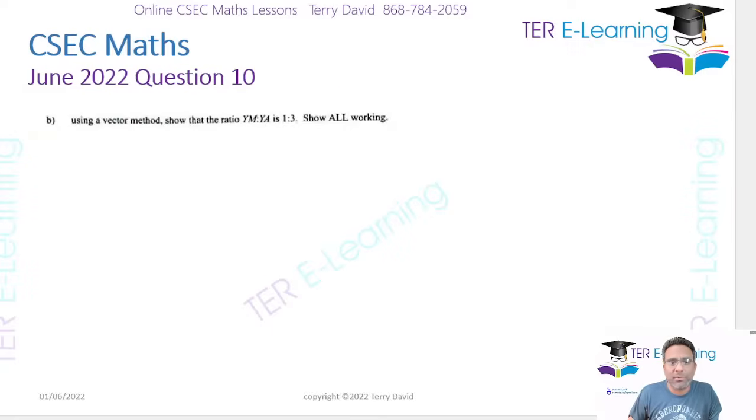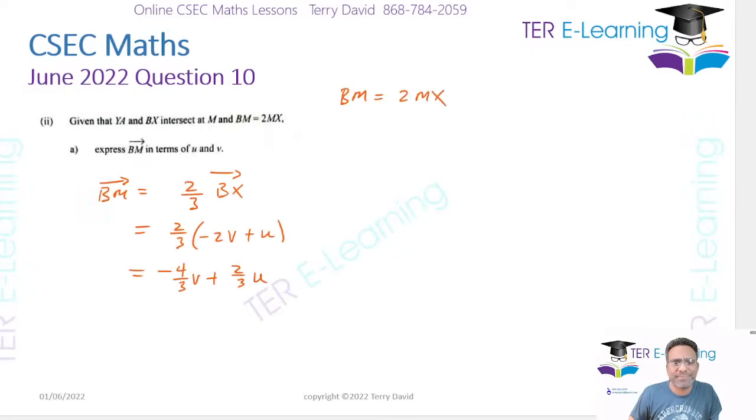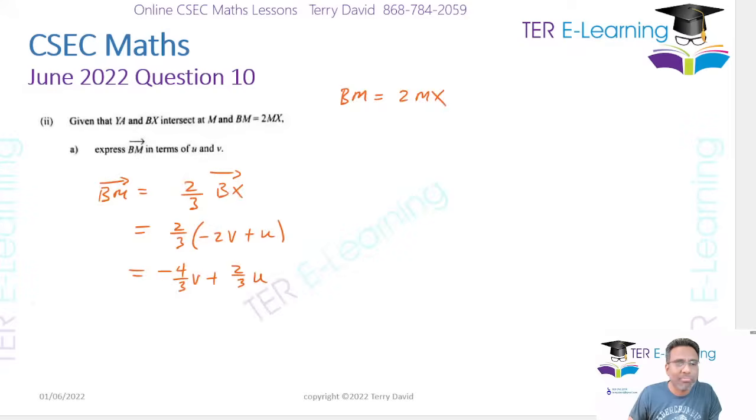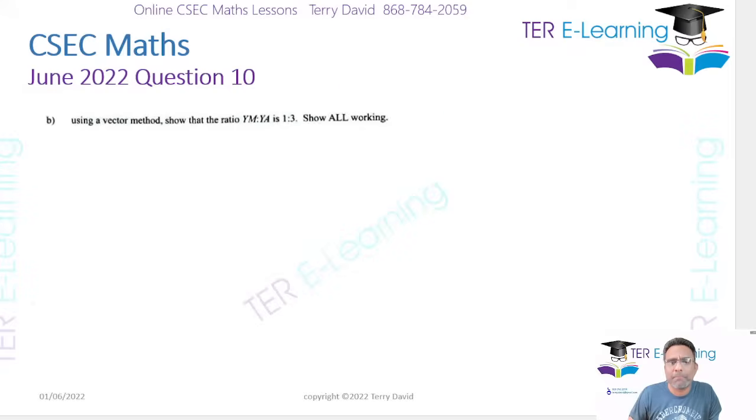What do they want now? They said using a vector method, show that YM to YA is 1 to 3. So what I would do, I would try to find what is YM.